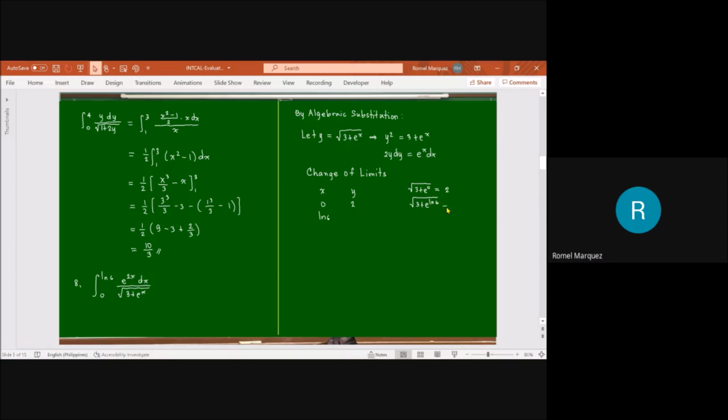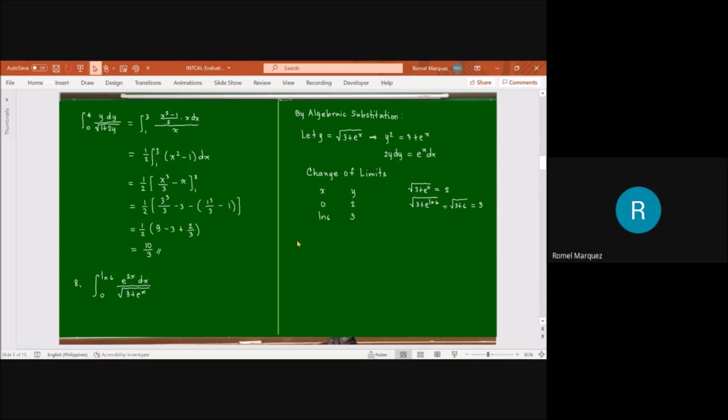But what is e to the ln 6? That is simply 6, plus 3, 9. Again, 3 plus 6 is square root of 9, so that is 3. Okay, guys? So corresponding to ln 6 for x, the y value is 3. So we are now going to evaluate it from 2 to 3 instead of from 0 to ln 6.